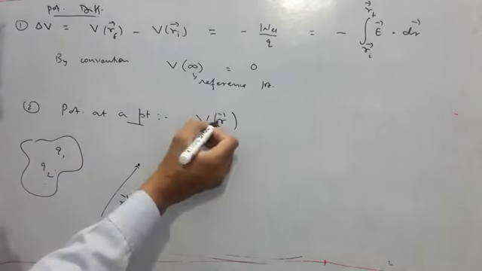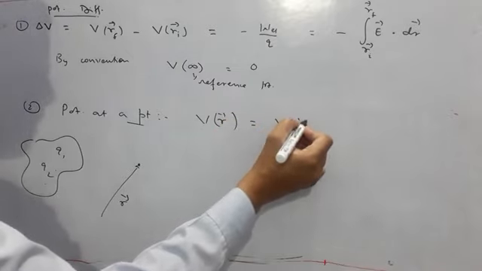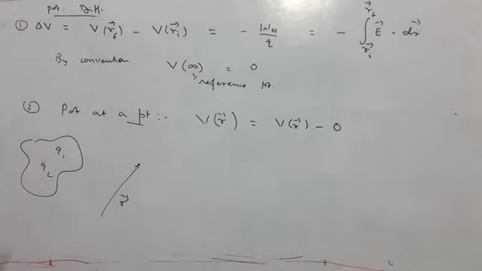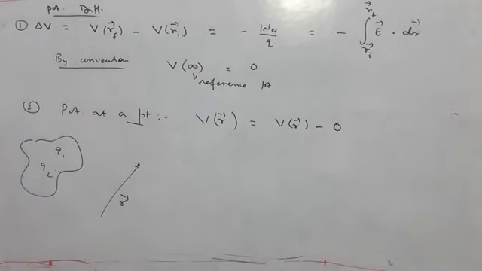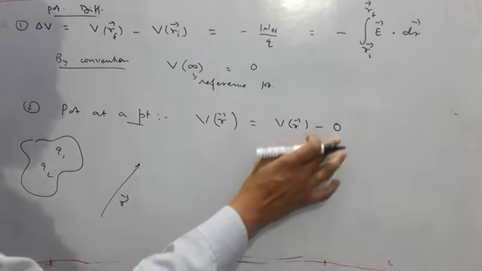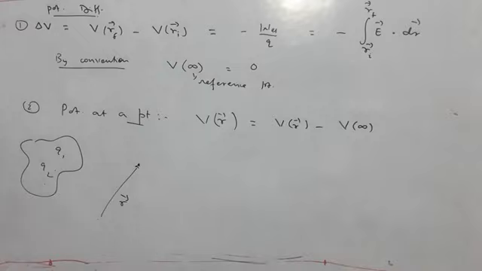Potential at a particular point V(R), now you see, I can write it like this, V(R) minus 0. It is obvious. If we use this convention, then you can see, students, potential at infinity is taken as 0. Instead of 0, I can write it as V infinity. And that gives the definition.